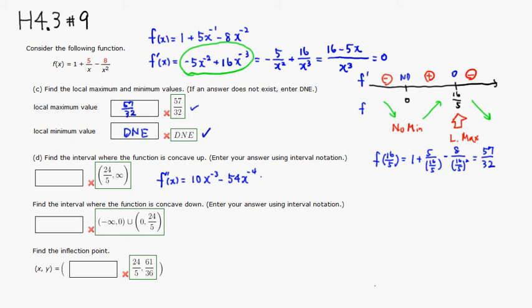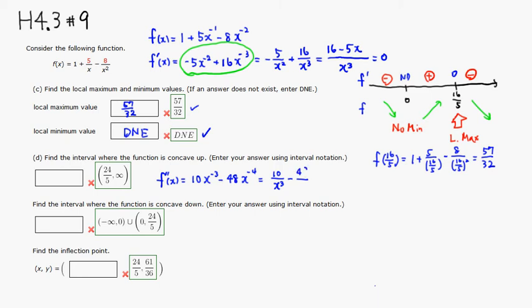So we can write it as 10 over x cubed minus 54. Oh, actually, 3 times 6 is, I messed up, I can't multiply numbers here. 3 times 6 is 18, so it's a 48. Sorry about that.